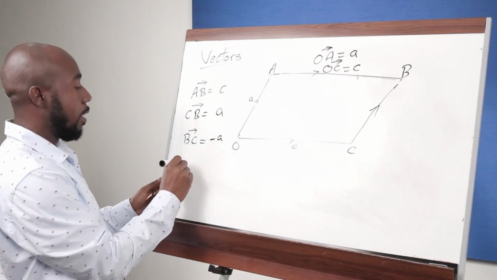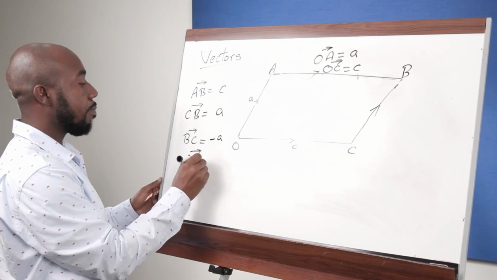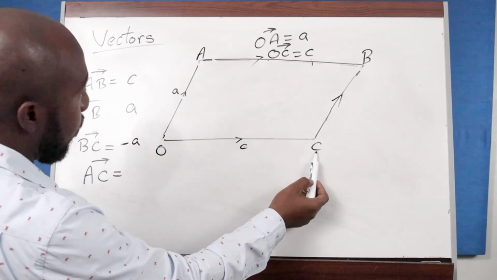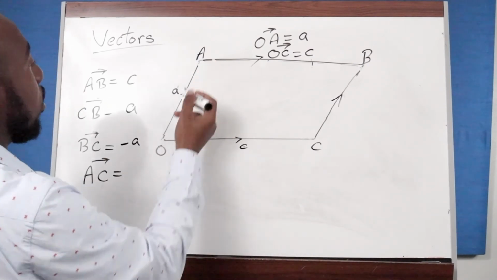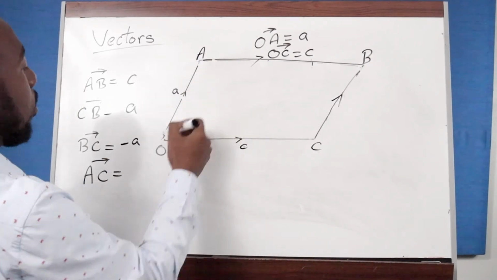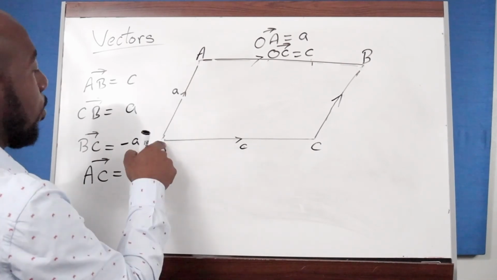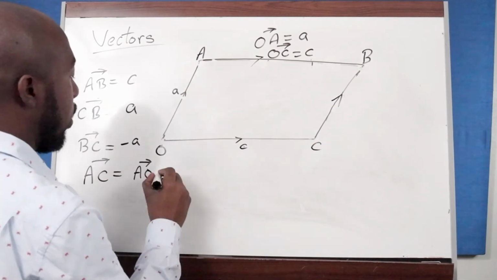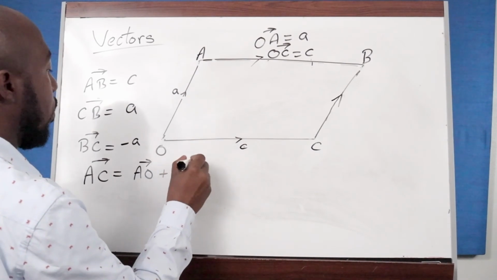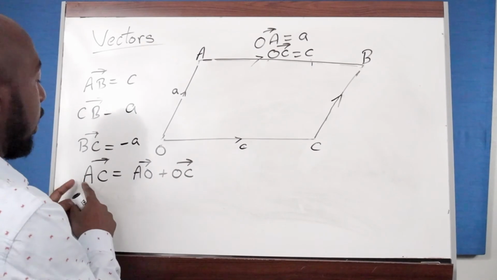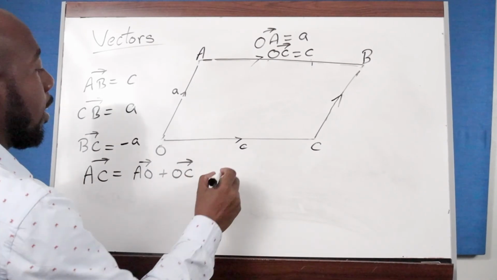Then we have AC. So we have A here, and we want to get to C. You can go two ways. You can go A to O, so A back to the O here, and then O to C. See, both O's in the middle, and what you want is AC, with A and C at the ends.